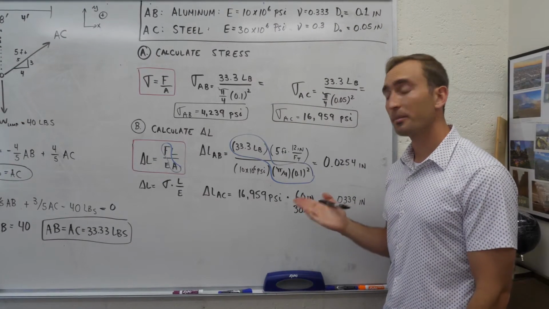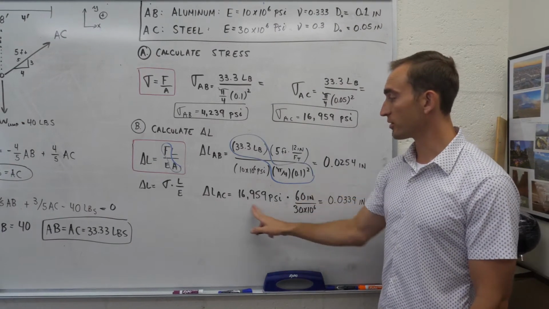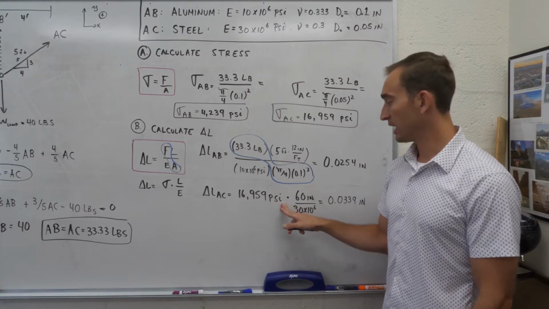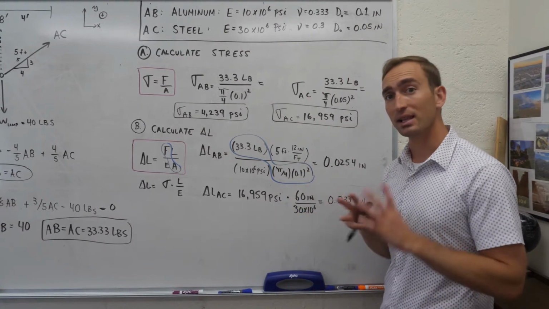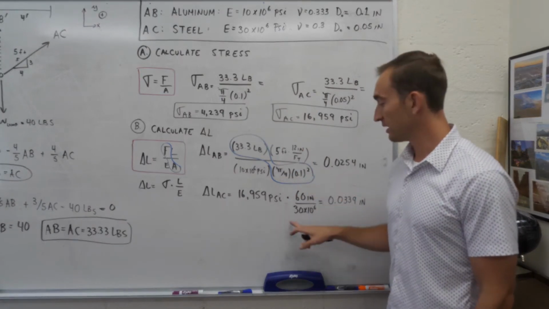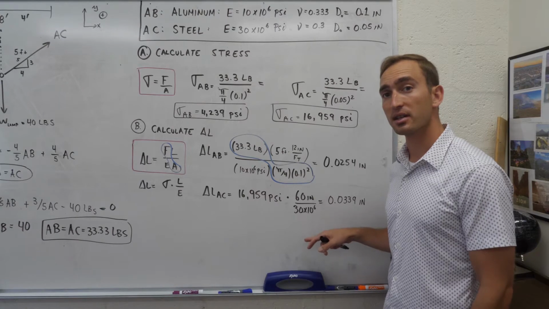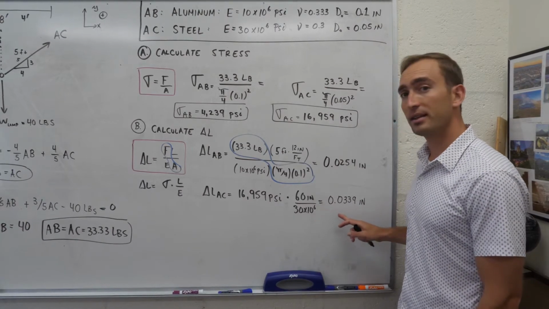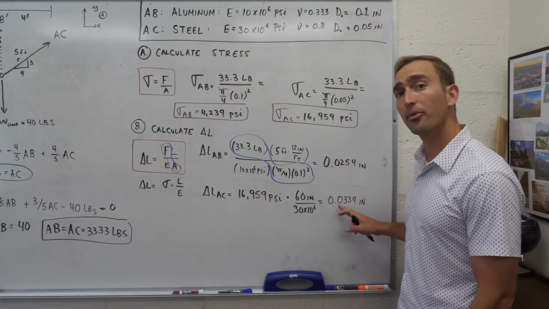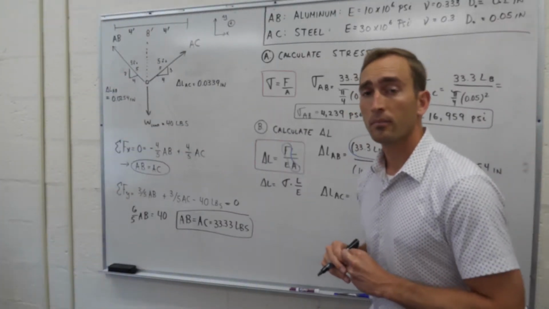So by setting the equation up that way, what you can see I did was I took the stress of cable AC, 16,959 psi, and I multiplied that by 60 inches, which is the length of the rope or the cable in inches, divided by the Young's modulus, 30 times 10 to the 6th. When we do that, we get that the total change in length of cable AC is 0.0339 inches.